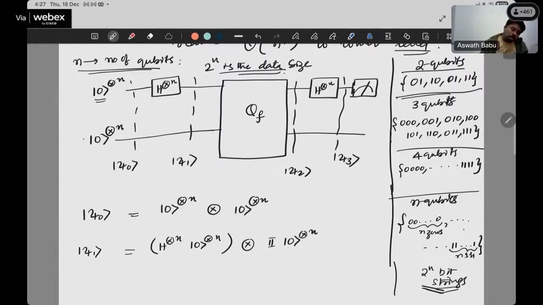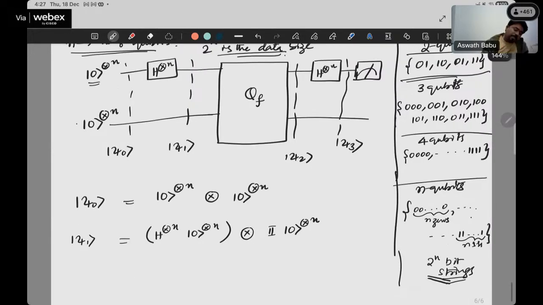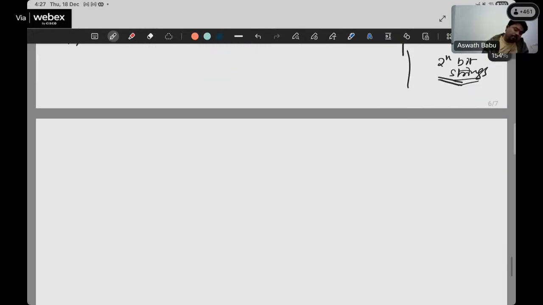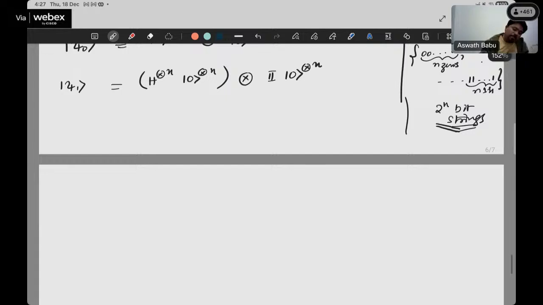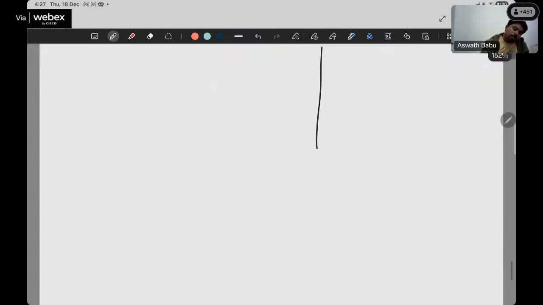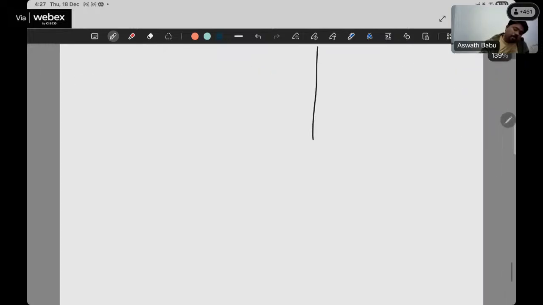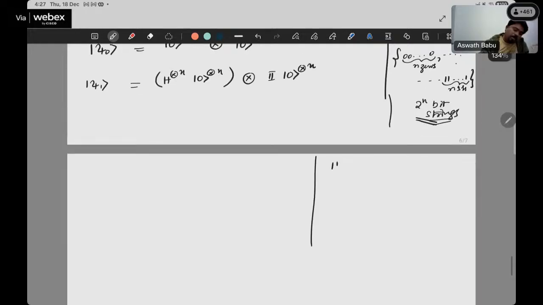Now, for your own convenience, let me show you. A Hadamard acting on 0 gives me 0 plus 1 divided by square root of 2, which is the plus ket.